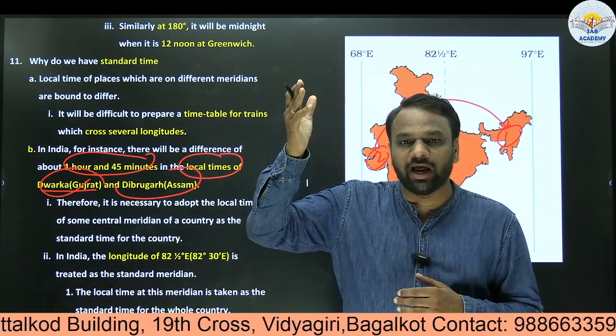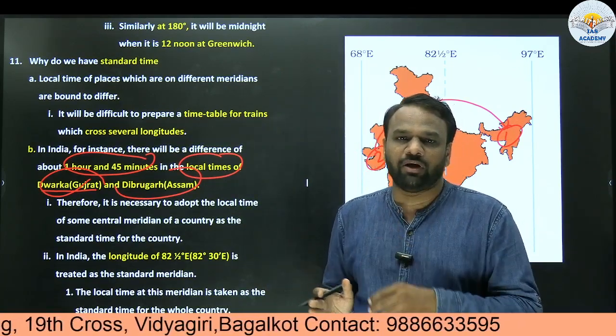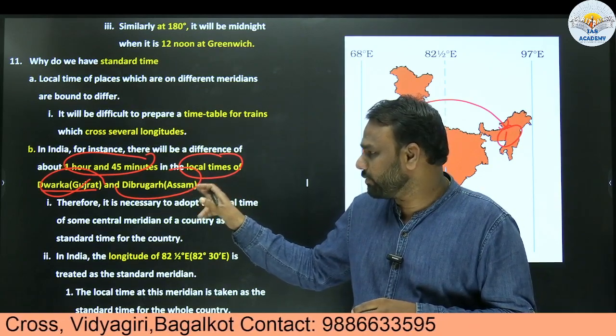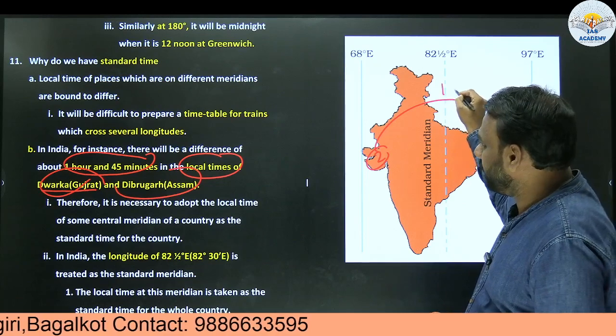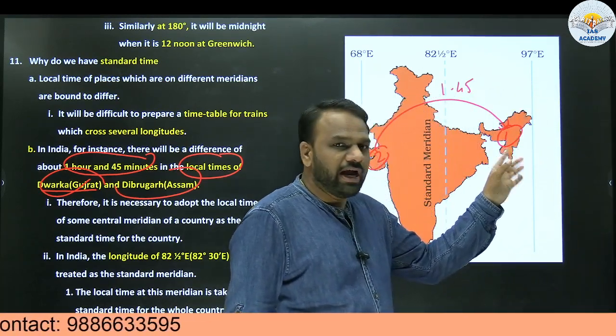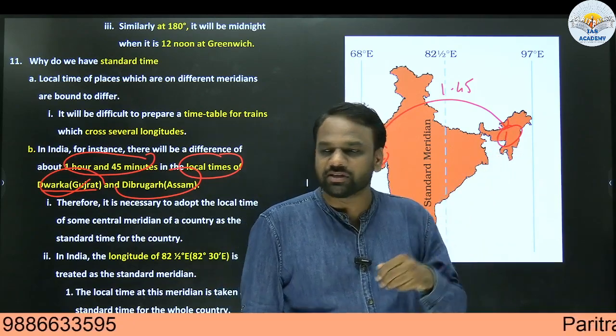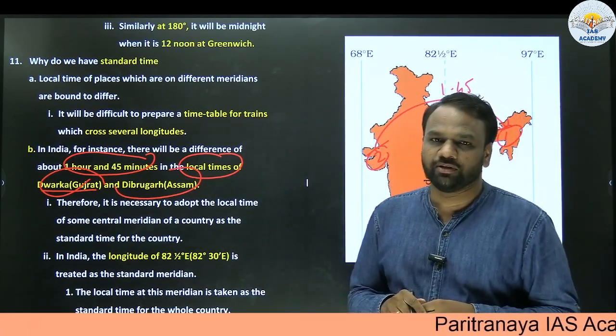It will shine exactly overhead at 2:45, because there is a time difference of 1 hour 45 minutes. So sunrise will happen in Dibrugarh first, and after 1 hour 45 minutes, sunrise will take place at Dwarka, Gujarat.